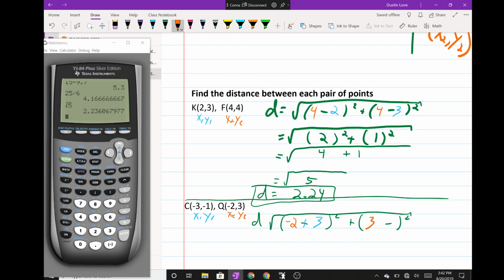Y2 is 3, and Y1 becomes minus -1 becomes +1. Oh, and I forgot my equal mark here. All right, any questions on plugging that in?